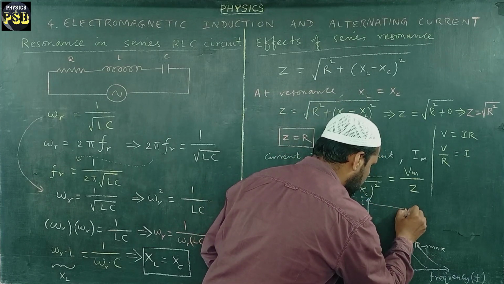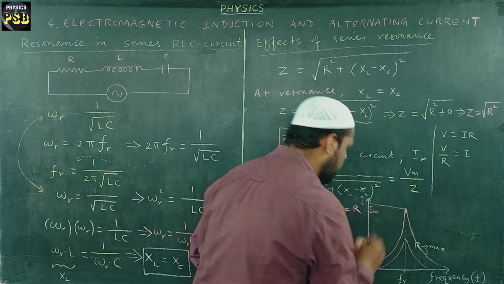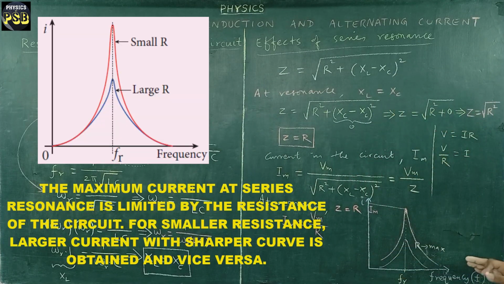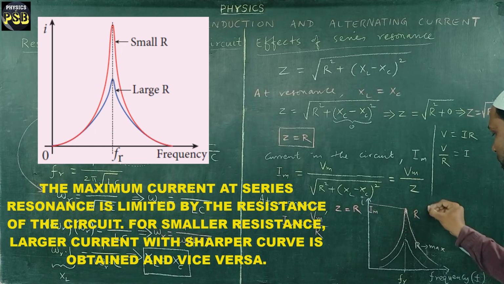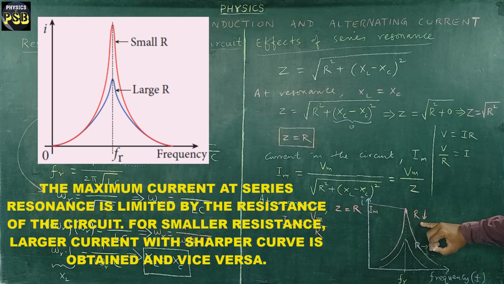This provides me the maximum current, represented by the letter IM. Here we obtain this kind of curve, this maximum peak, by reducing the value of R, and this reduction of R takes place at a resonance. So at resonance I have drawn two different curves, two peaks.